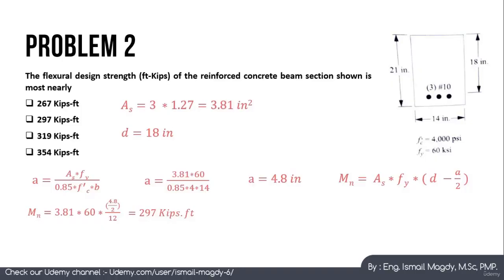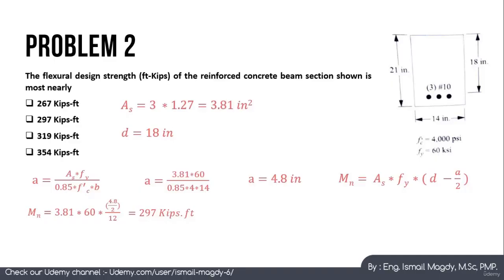All of this equals 297 kips-feet. You need to take care that this is not the flexure design strength of the beam. This is the nominal strength of the beam, because we can't design based on this value. This is the maximum value that the beam can withstand.